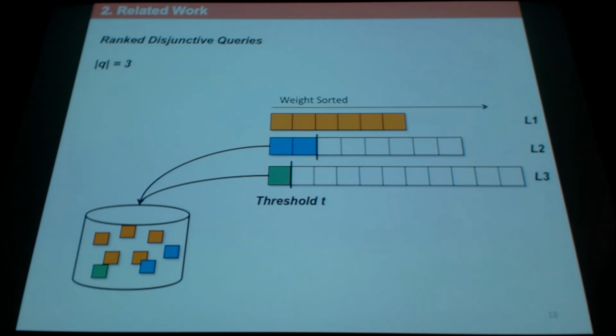And of course, this is not giving you the exact answer, right? It's an approximate solution. The good thing about this mechanism is that it's really fast. So if you want to get fairly good results, and if you want to be really fast, this is a good option, right? But this is for unions, for executing ORs. You cannot, well, you can, but it's really complicated to actually get an intersection here.